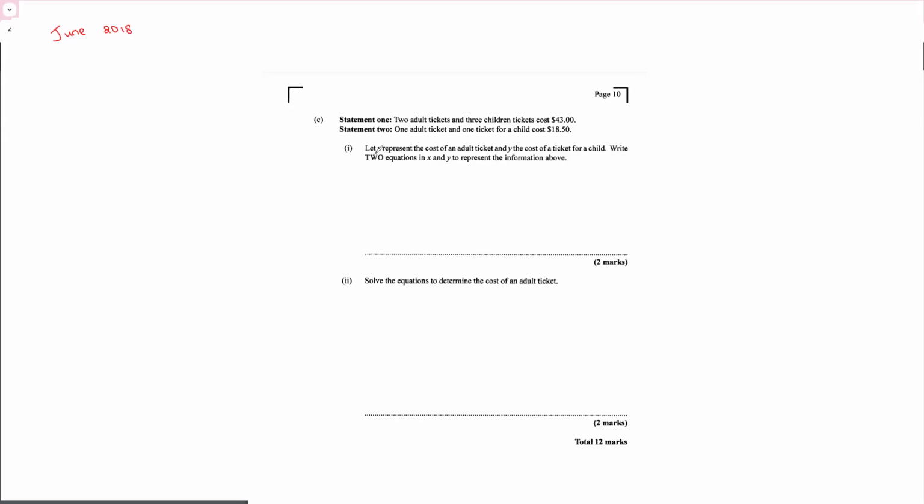They said, let X. So they told you what they wanted X to represent. The cost of 1 adult ticket. Right? So if they told you, you use what they are looking for. So the cost of an adult ticket is X dollars. And Y is the cost of a child ticket.